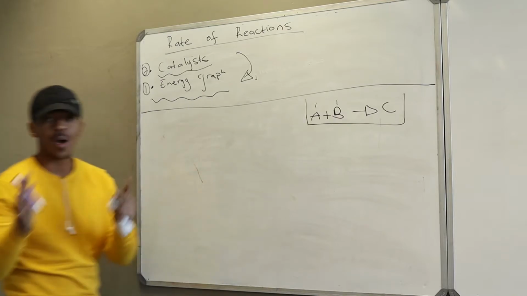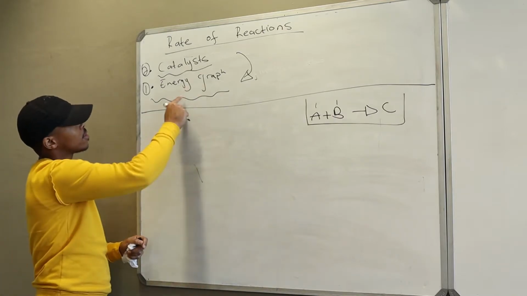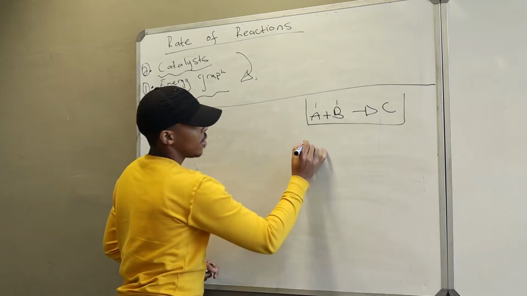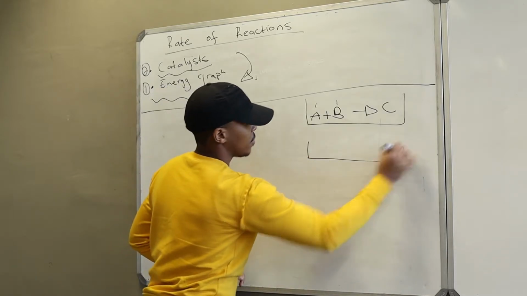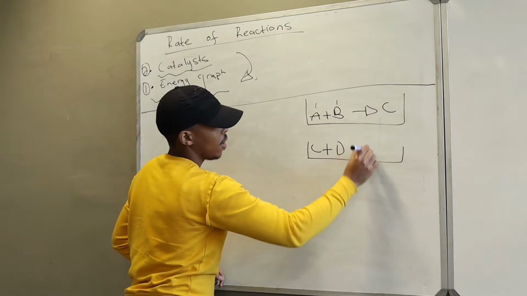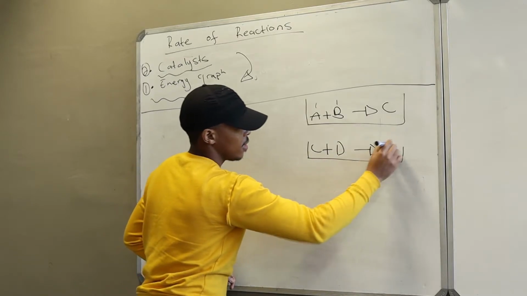Remember, temperature is one of the factors that influences the rate of a reaction. So let's take this reaction, which is a different reaction: C plus D will give you E.